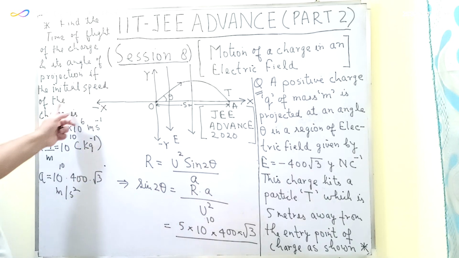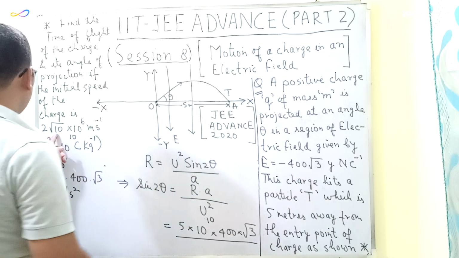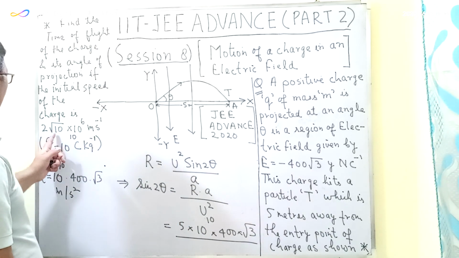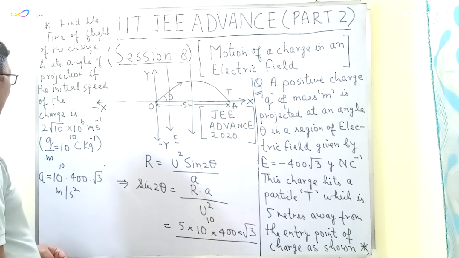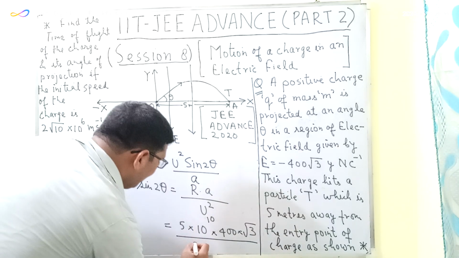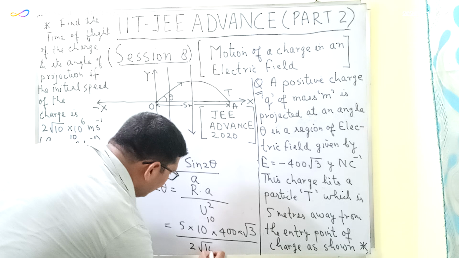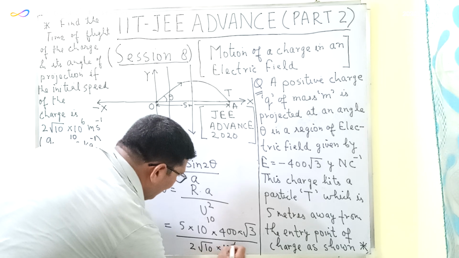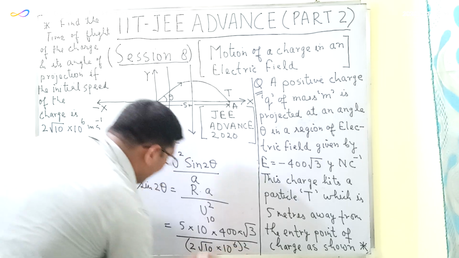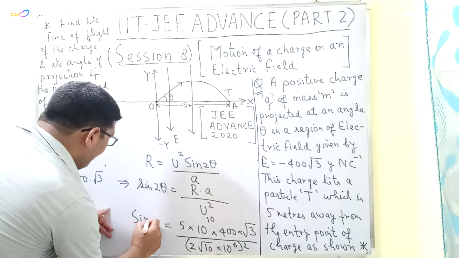Now u is the initial speed of the charge, so this is equal to 2 root 10 into 10 to the power 6 in this question. So this will be equal to 2 root 10 into 10 to the power 6 whole square, and this is sine 2 theta.